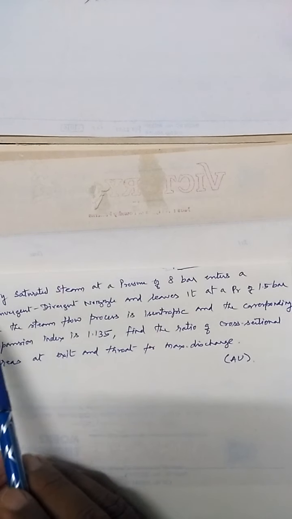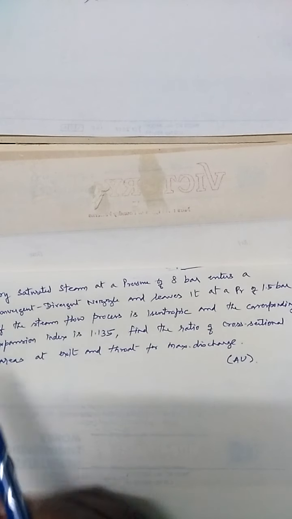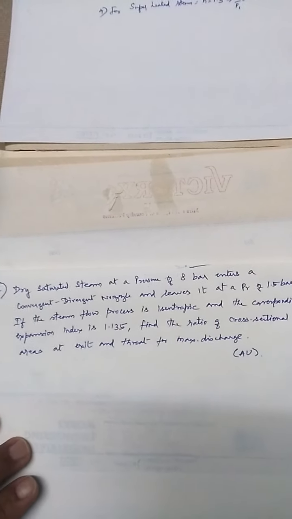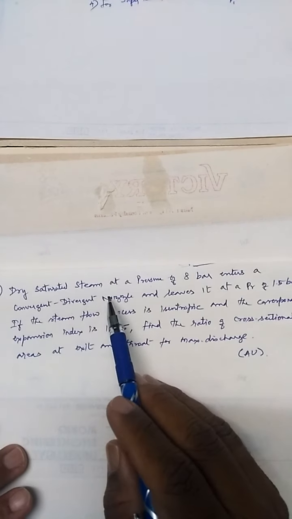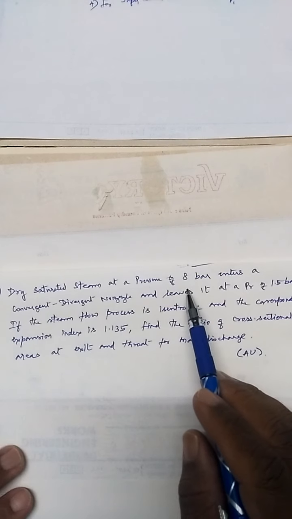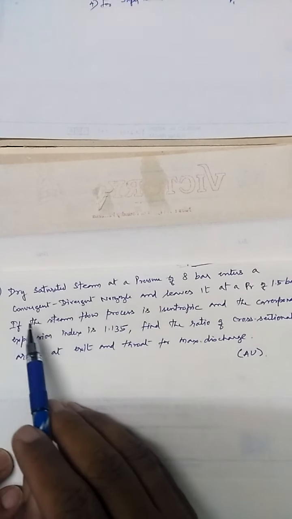First let us understand what is given in the problem. Dry saturated steam at a pressure of 8 bar enters. So this is the inlet pressure, 8 bar.